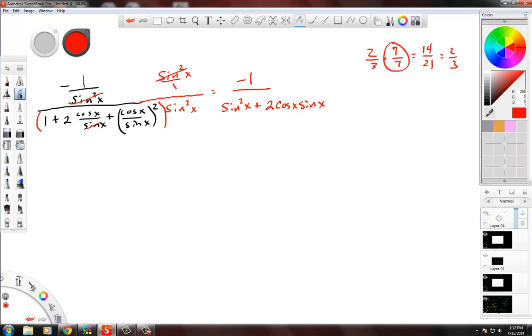And I could have flipped the order on that, but it doesn't really matter. And then on the other side, what I'm left with is, since this right here equals the cosine squared of x sine squared of x, that right there will cancel this, leaving me on the bottom with just plus cosine squared of x.